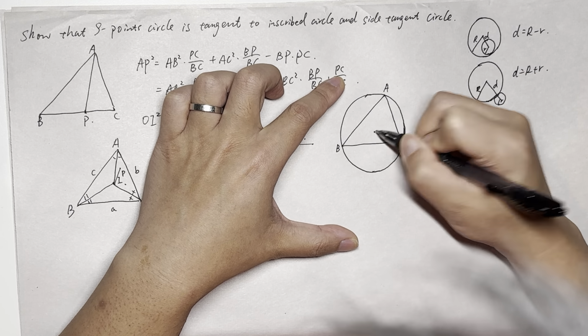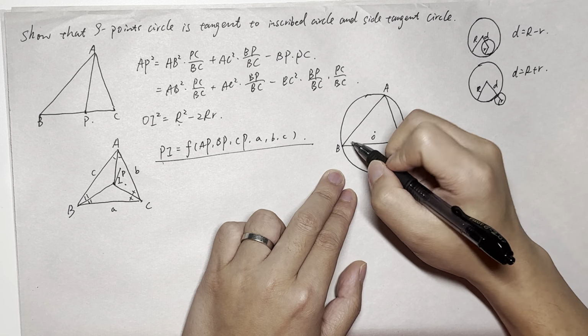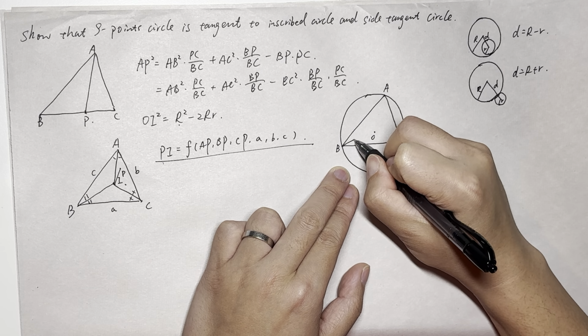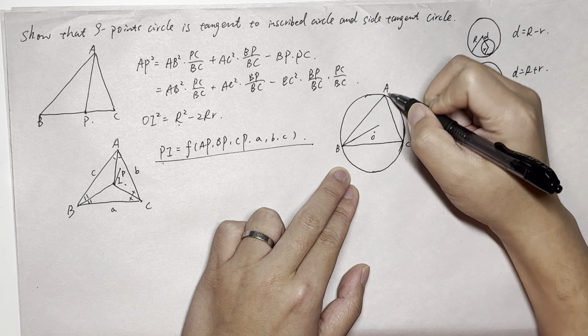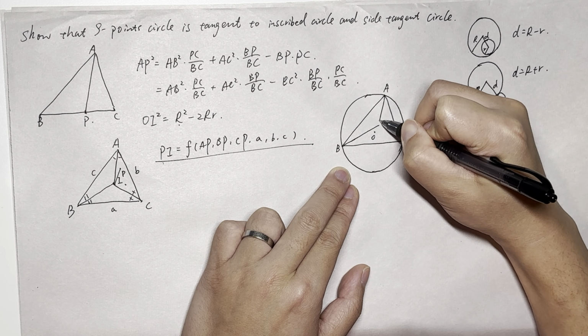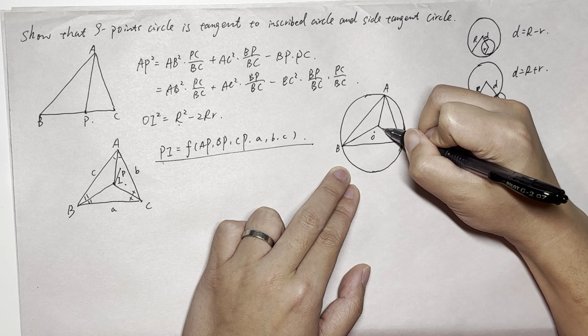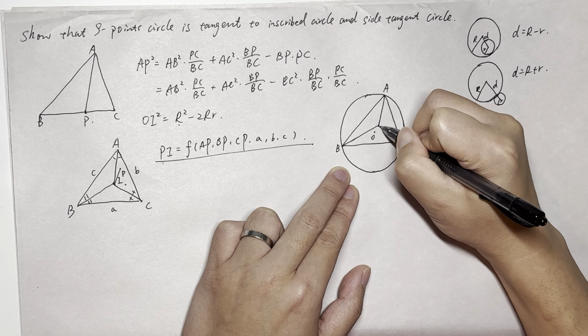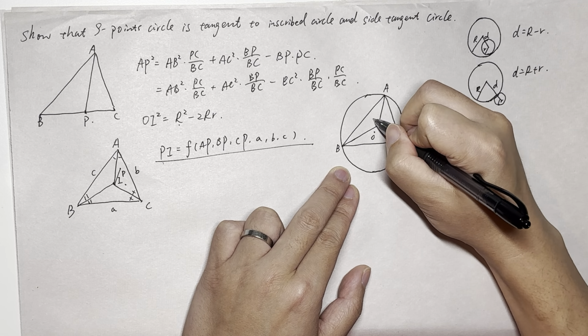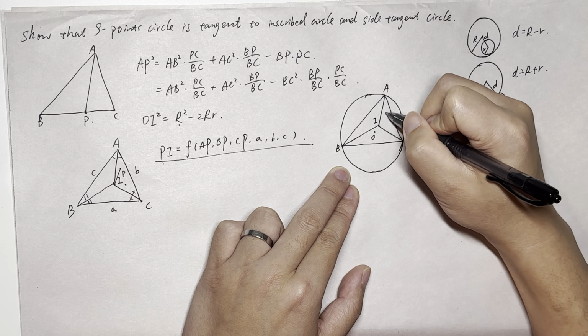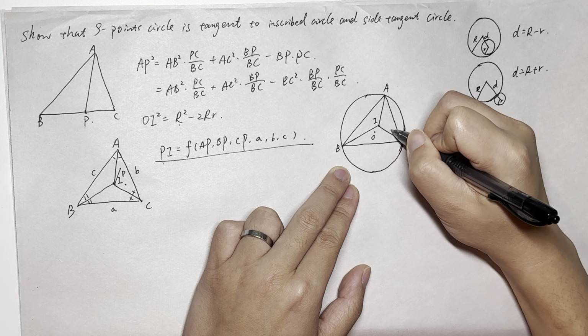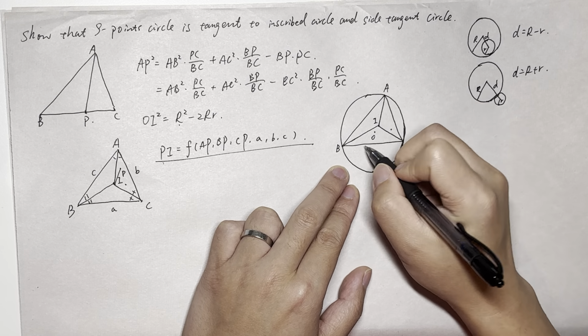I think this is circle O, and we want to find that inscribed center I. So let's say we have a point P here, right?